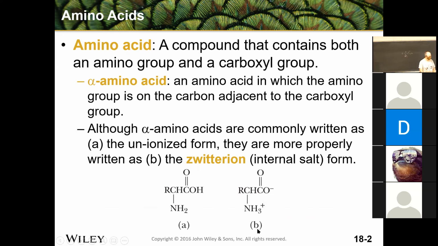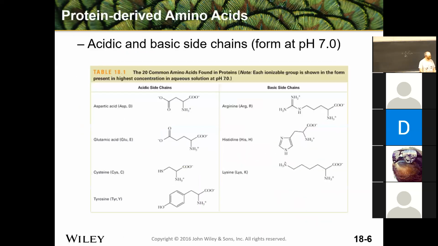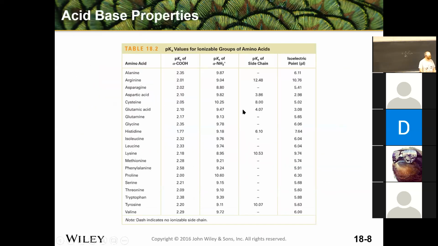Okay, if we make it more basic, then nitrogen will lose a proton. Okay, so the isoelectric pH is where charges are balanced, where the zwitterion is the dominant species.